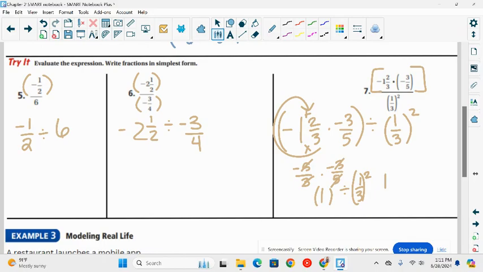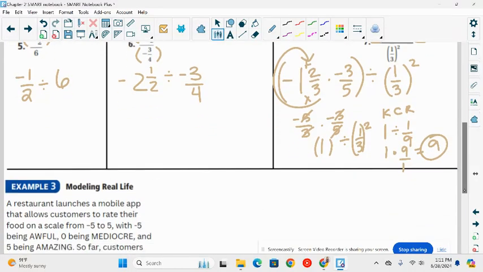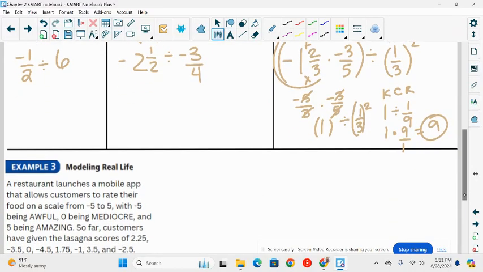So now I have 1 divided by 1/9. And I have to keep, change, reciprocal. Keep the first, change the sign, reciprocal. Well, 9 over 1 is just equal to 9. So my answer is 9. Good job.